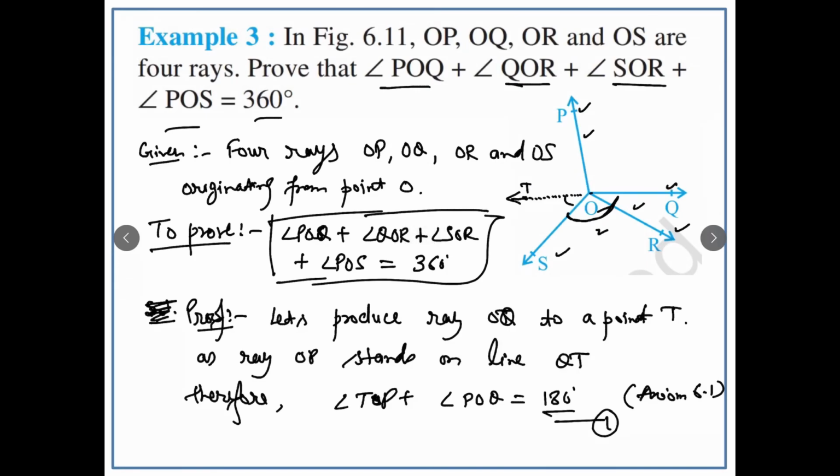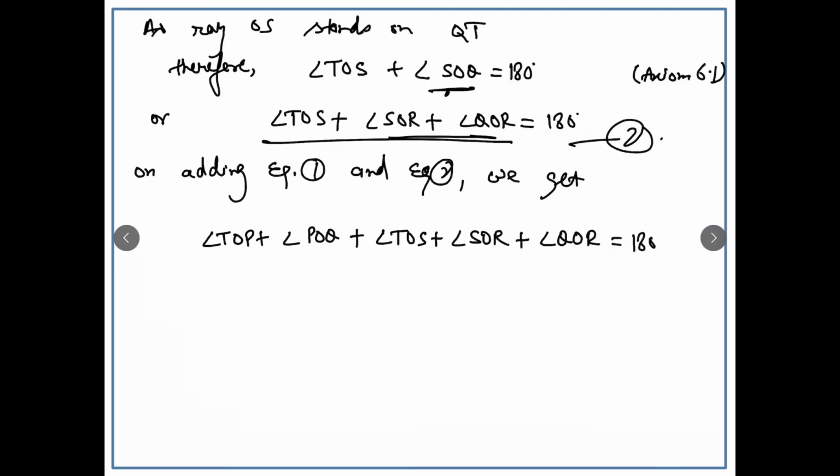On the other side, here we have 180 and here also we have 180 degree. So we have added the two equations on both sides. Now you can see that 180 plus 180 will be 360 degree.